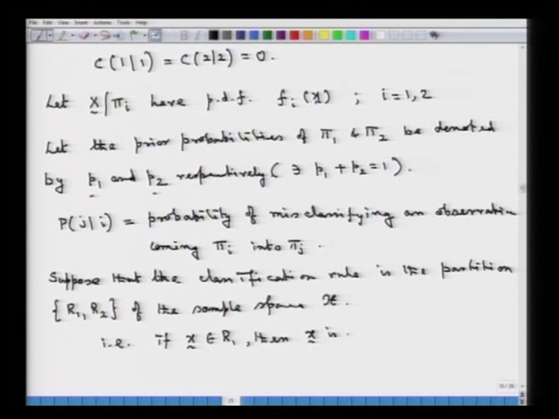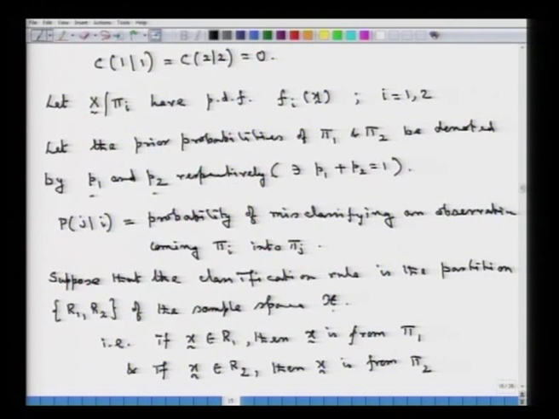So, x is from pi 1, and if x is belonging to R2, then x is from pi 2. Because we have made this a partition, R1 intersection R2 is phi, R1 union R2 is script x.